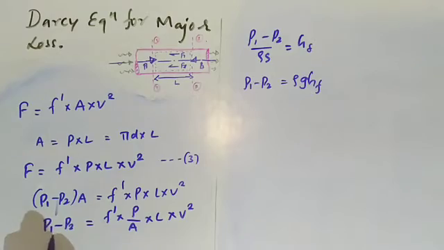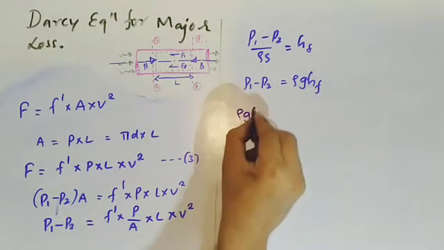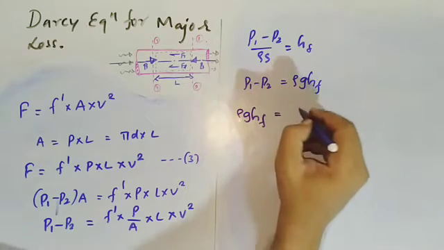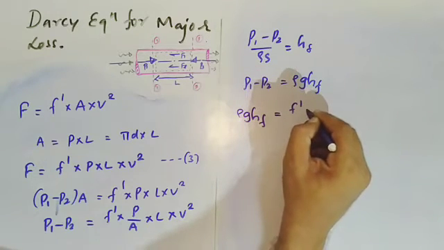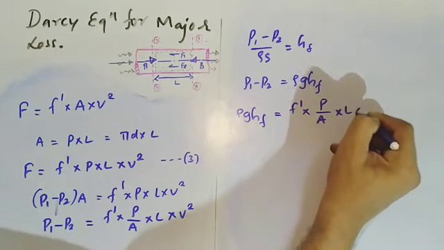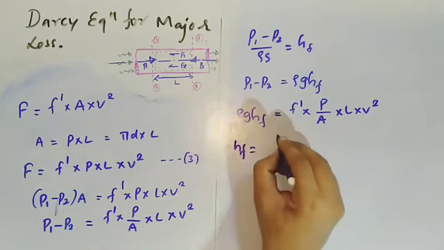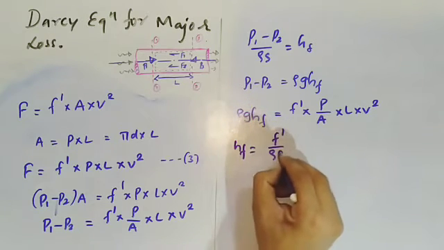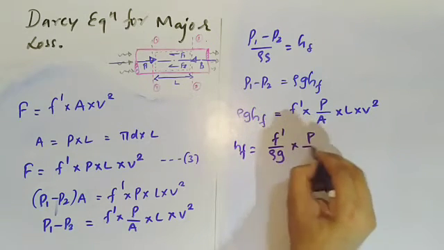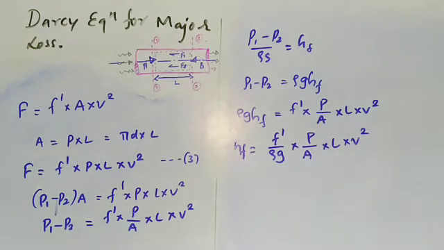So rho g HF will be equal to F dash into P by A into L into V square. Now HF will be equal to F dash divided by rho g into P divided by A into L into V square.